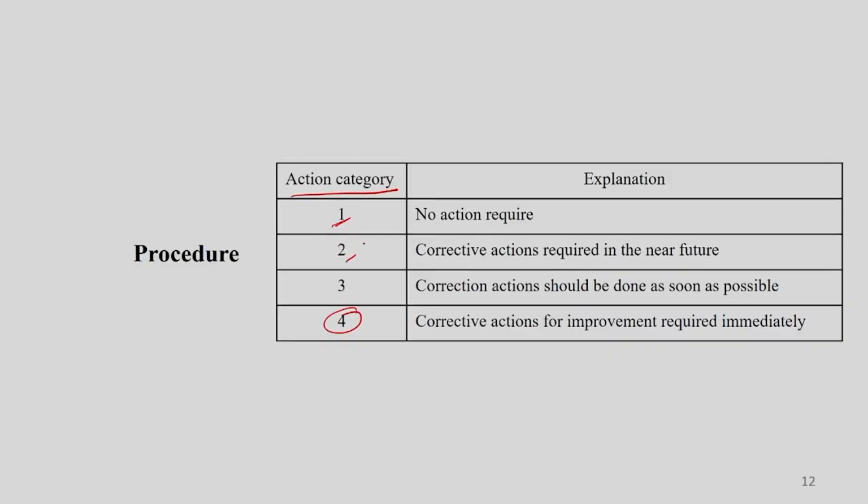It's a good posture. If it is 2, then corrective actions are required in the near future. If it is 3, then corrective action should be done as soon as possible, and as in this particular example that we adopted, that is 4, it says you need to make changes immediately.